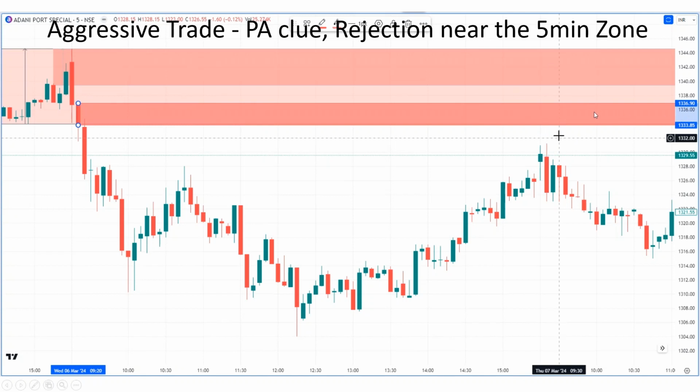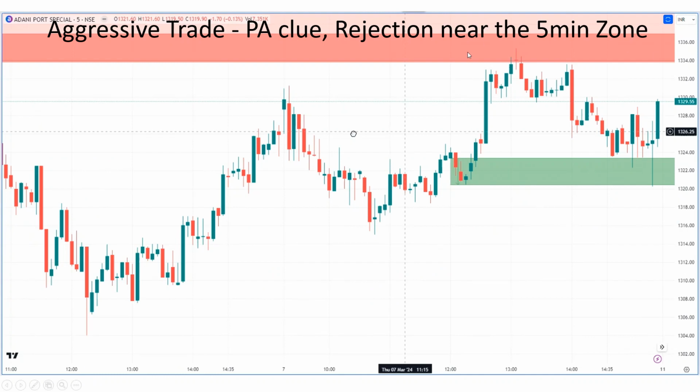But by the time prices enter into this 5-minute supply zone, definitely demand would have been consumed in this area. That means by the time prices enter into this 5-minute supply zone, demand would have been weakened. If demand weakens, what will happen? The pending orders in the supply zone easily push the prices down until our target zone. See the next slide.